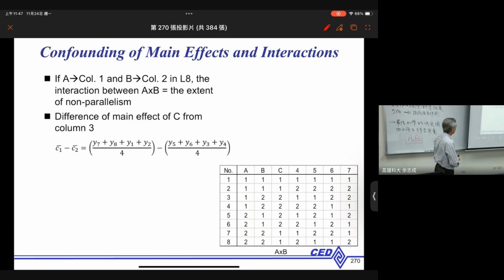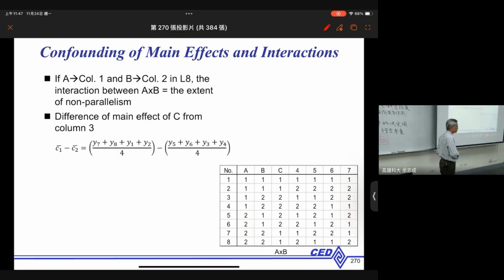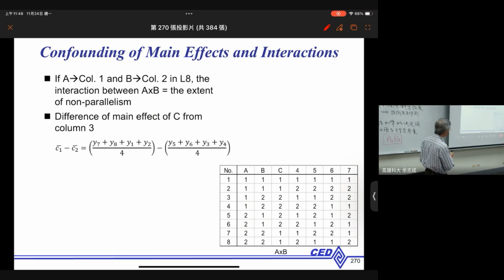So let's come back to the effect plot. If you arrange A in column 1, B in column 2, and C in column 3, what happens? If I ask you what the difference is when I change C from level 1 to level 2, this is the effect plot, right?